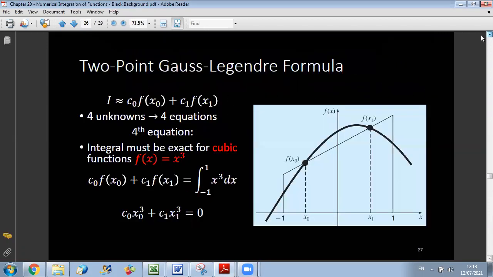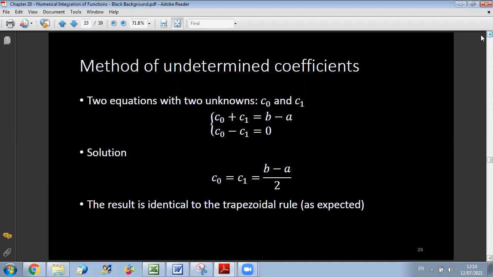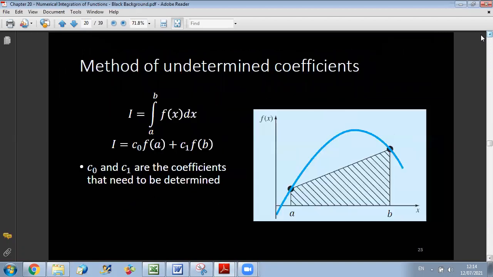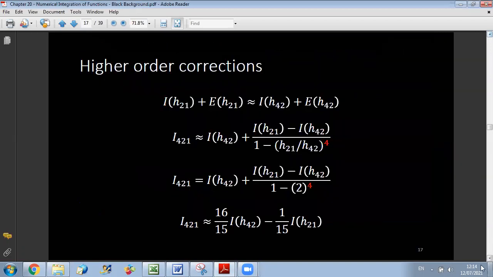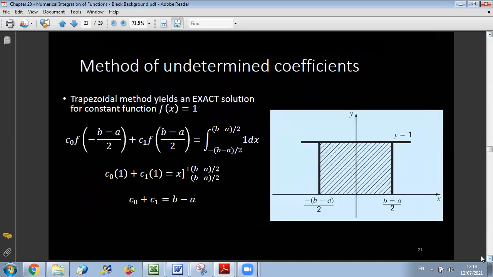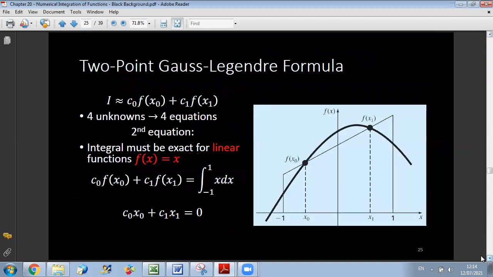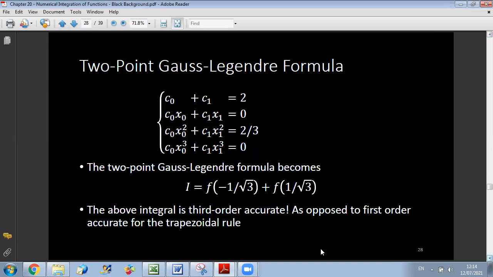I think it was 1 over radical 3. Let us check it here. Yes, the first one is minus 1 over radical 3, the second one is 1 over radical 3.